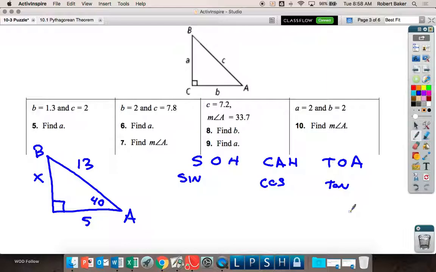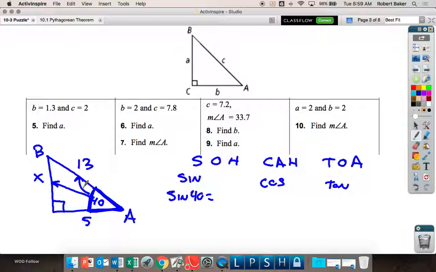The first question on your test is going to say, what is the sine ratio for this triangle? So sine of A, or sine of 40, because I'm evaluating this angle, sine of 40 is equal to opposite over hypotenuse.